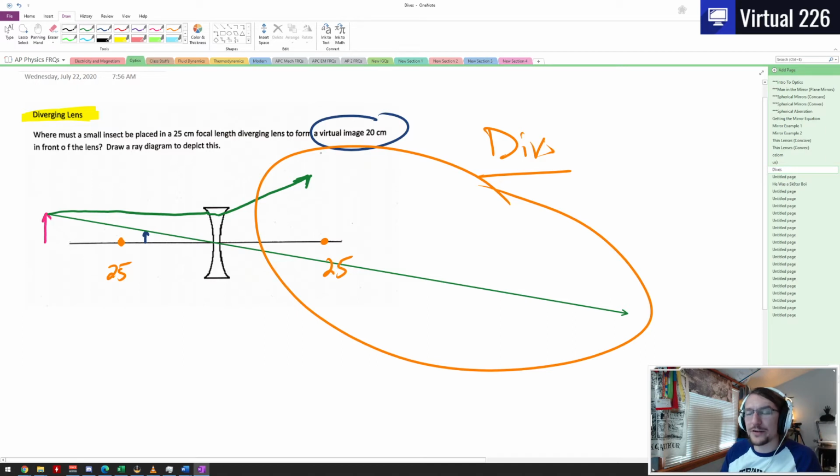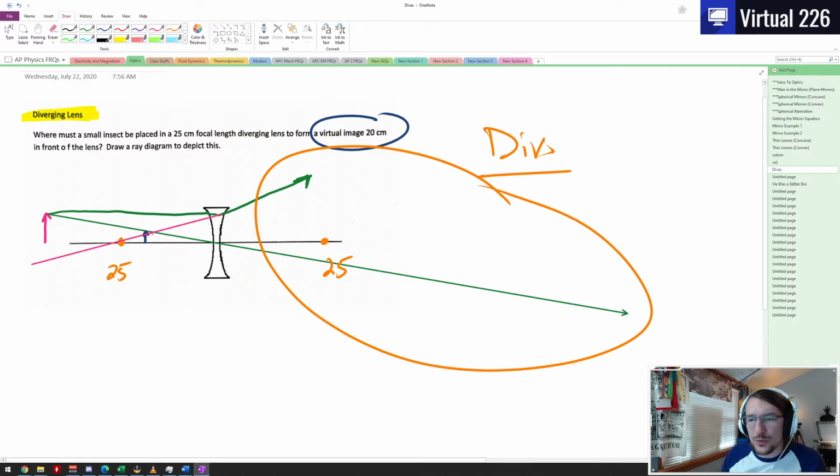So this is going to create a virtual image because we have to backtrack these lines. And actually, the only line we have to backtrack here is the one that went up, the one boxed in pink. I'm going to try to keep this as parallel as possible. We backtrack it so that it passes through the focal point.